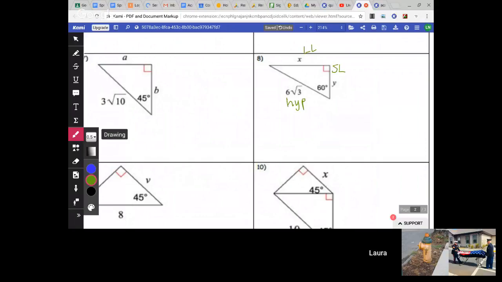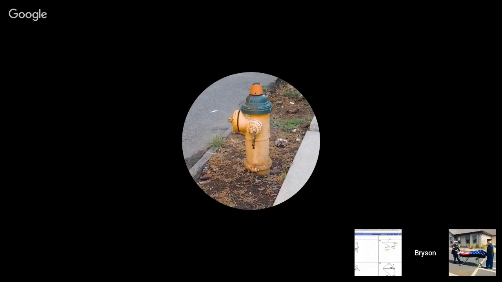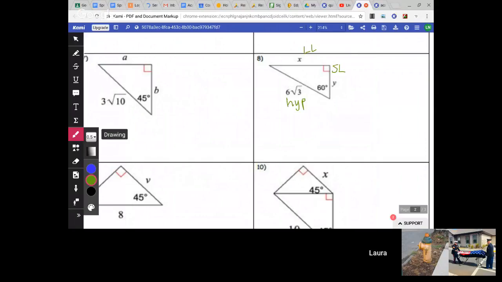All right. So you know your hypotenuse. We want to get the short leg first, always, if you don't have it. So what's the magic number between short leg and hypotenuse? It'll be root 3 and 2. Those are the two magic numbers, yes.